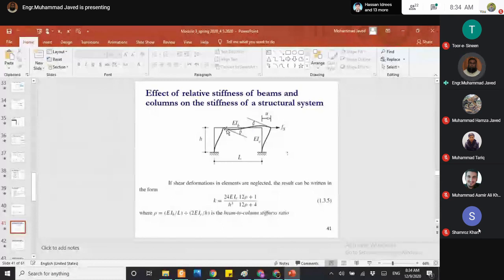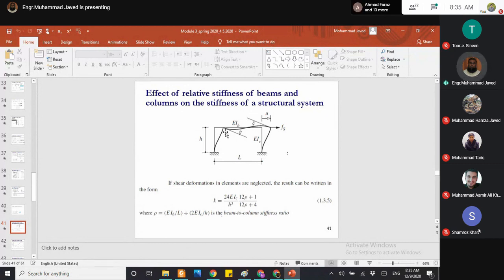If beam is infinitely stiff as compared to column, or if the stiffness of beam is many times the stiffness of connected column, this beam column joint acts as a fixed support, and this column can be considered as fixed-ended column.